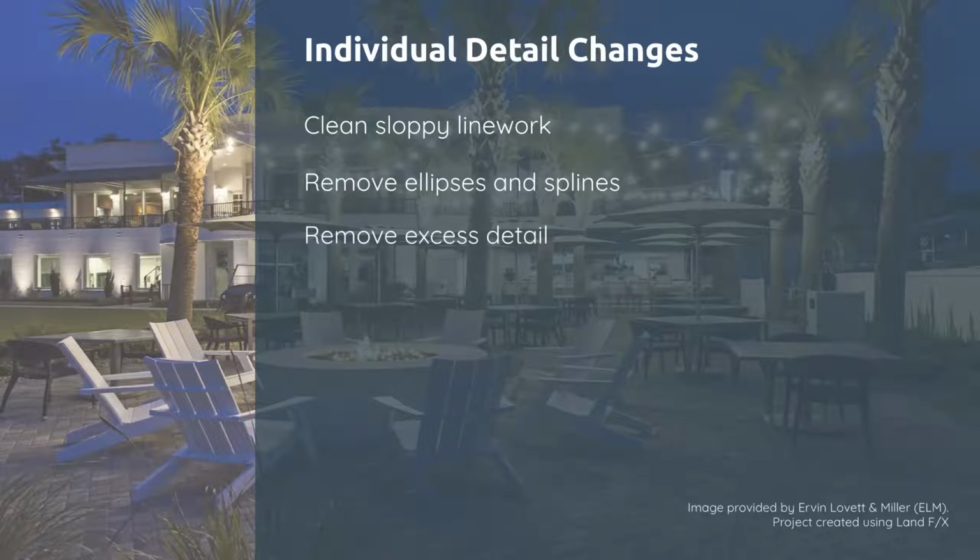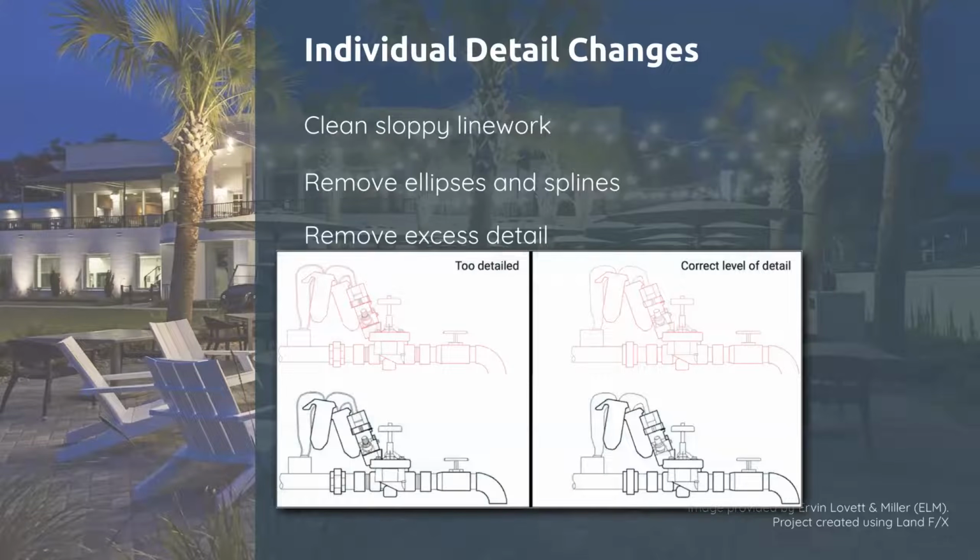Another thing you want to do is remove excess detail. Here's an example of too detailed versus a more appropriate level of detail. And what we're seeing here is the versions that are on the top in the red. Those are examples of what the drawing looked like in CAD. And then below in the black is what those would look like printed.